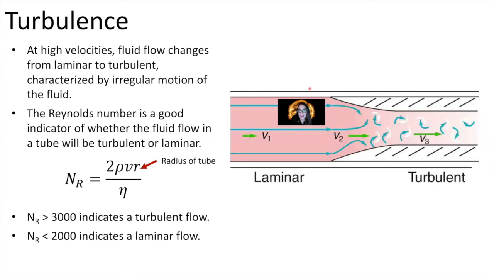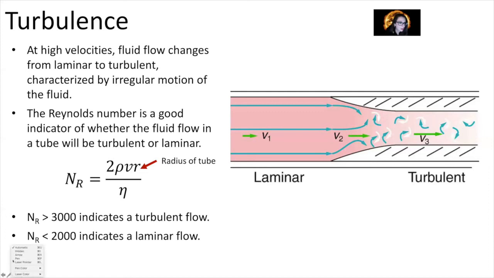So here we have an example of fluid moving through a tube, and on the left end here, we've got a very laminar flow, and then the cross-section changes to a point where inside the new cross-section, the fluid now becomes turbulent. The difference between are you turbulent or are you laminar has to do with the Reynolds number.